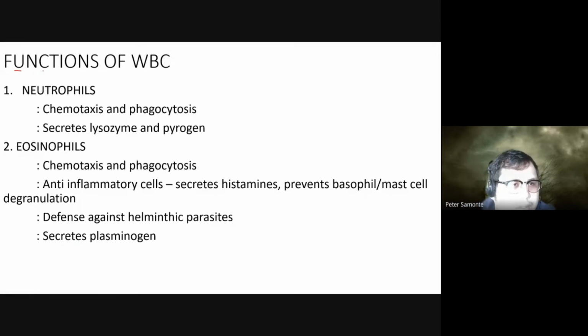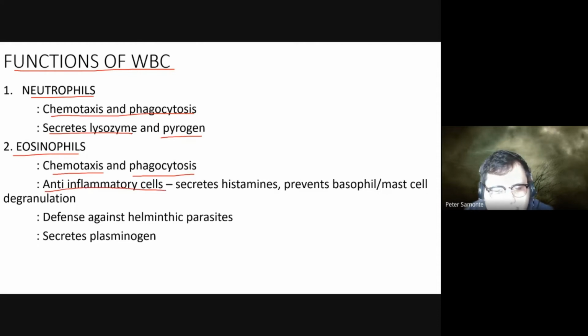Okay. Functions of WBC, we have your neutrophils, which is responsible for chemotaxis and phagocytosis. It would secrete lysozyme and pyrogen. Eosinophils would be responsible for chemotaxis as well as phagocytosis. It is anti-inflammatory, would secrete histamine, prevents basophil and mast cell degranulation.